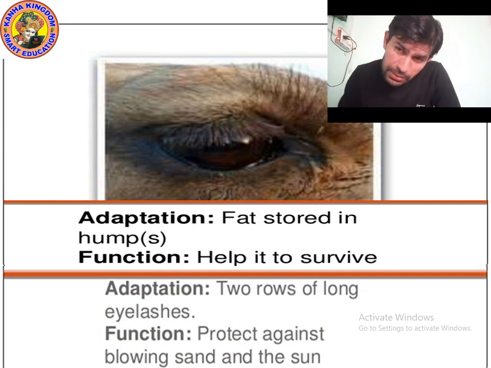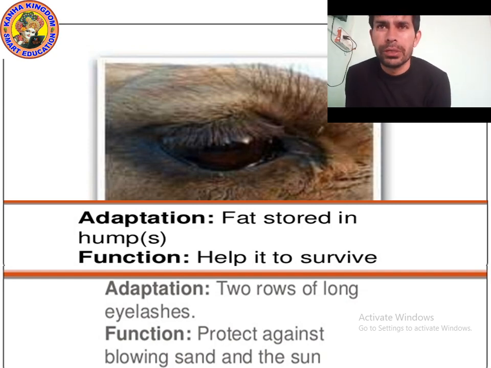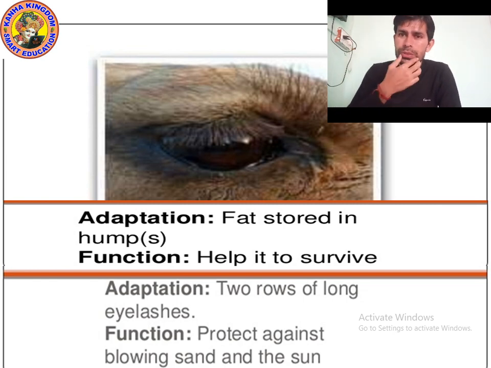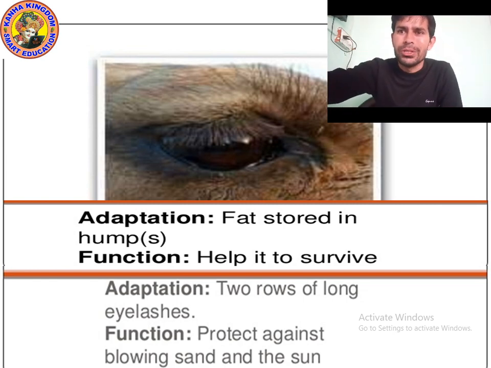The living things of a habitat are known as biotic components, so plants and animals are biotic components. The non-living things are known as abiotic components, like air, water, soil. I hope you understood. Now let's move on to the next point.